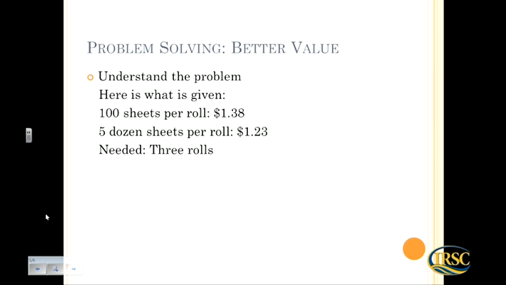We had 100 sheets per roll at $1.38, and 5 dozen sheets per roll at $1.23. If you want to write down what brand each of those were, you can as well. And then we need 3 rolls. That's the information that was given.